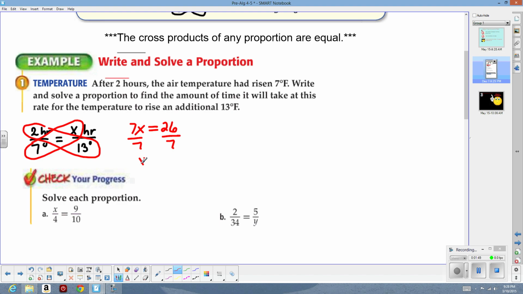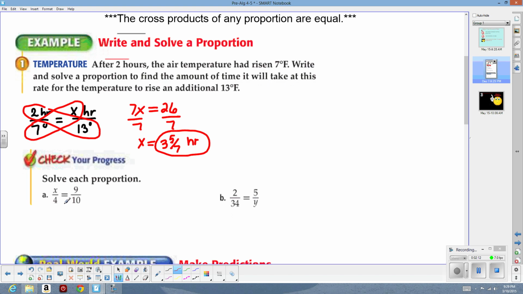So x is going to equal 3 5/7 hours. Or if you write it as a decimal, 26 divided by 7, that is going to work out to be about 3.7 hours. You may want to pause the video and try the next two on your own.